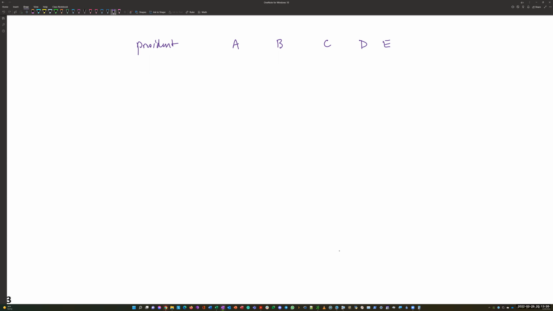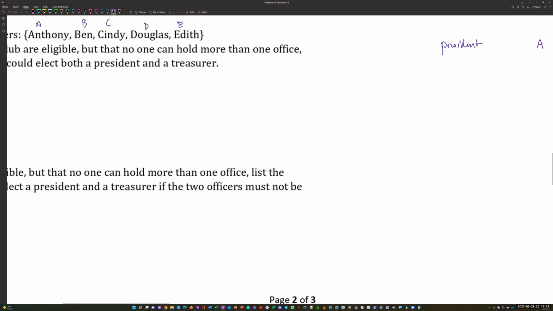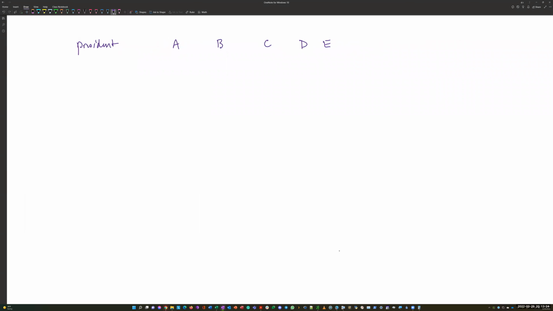Then they said they wanted a treasurer, right? So if A was selected as president, then I would only be able to select B, C, D, or E as treasurer. Does that make sense? Yes.